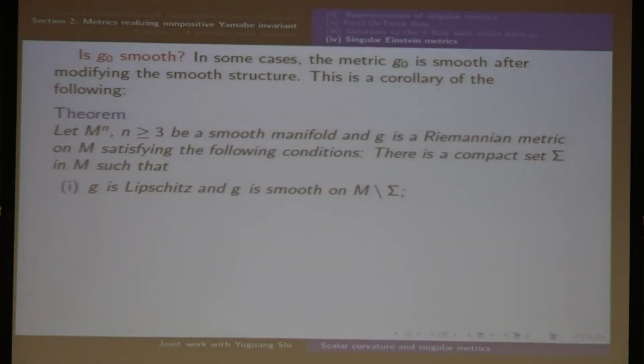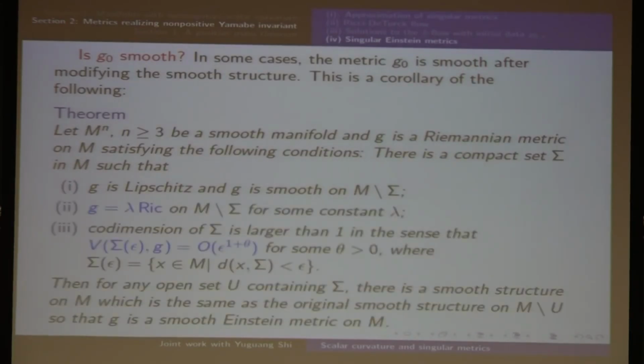Okay, so if it's Lipschitz and smooth outside that one, then actually we can have a smooth metric, except the smooth structure is already changed.